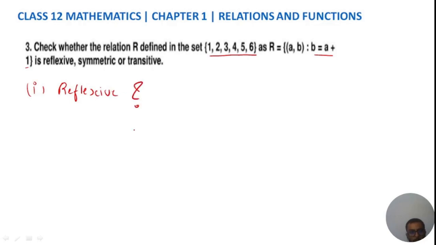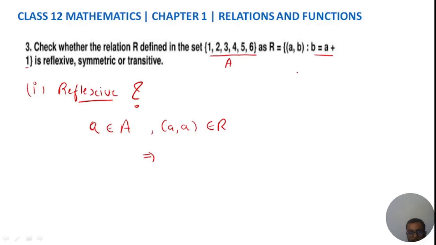Reflexive? If it is reflexive, what should I have for every A in this set? Let me name this set A. For every a belonging to capital A, I should have (a, a) in R. But how is R defined?